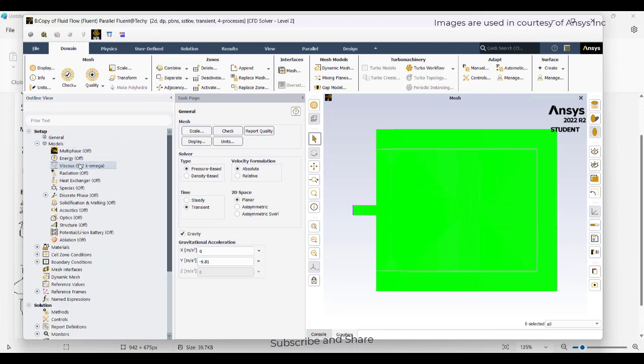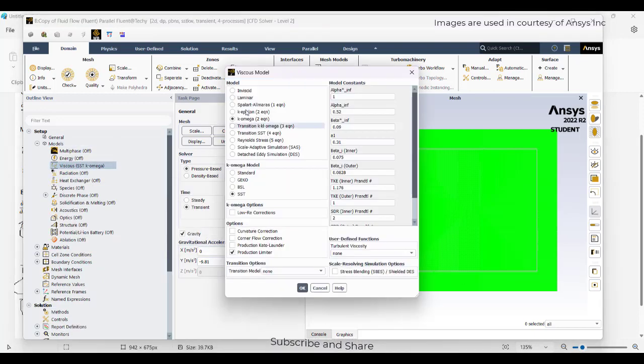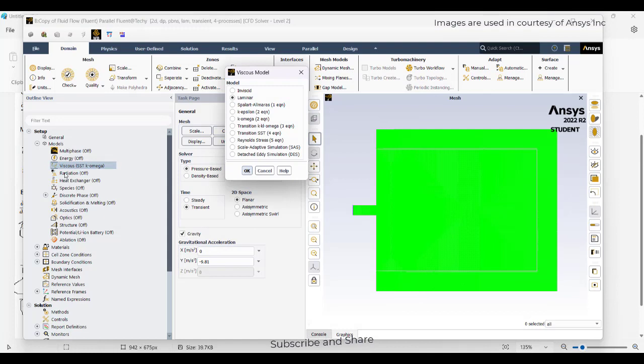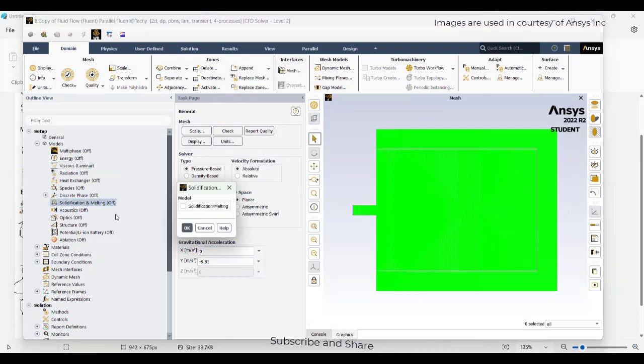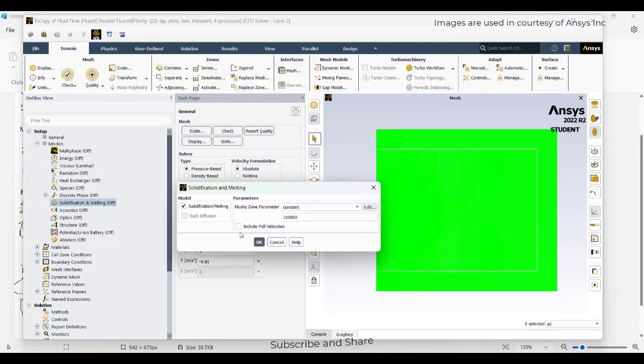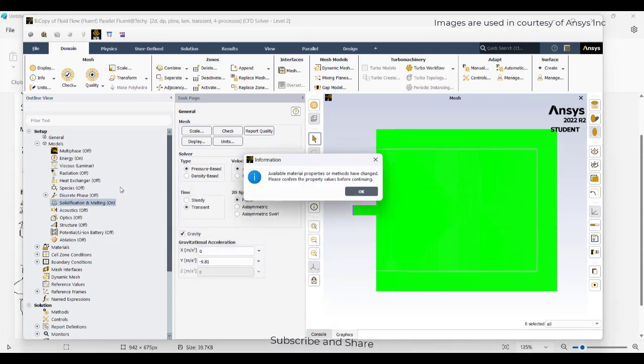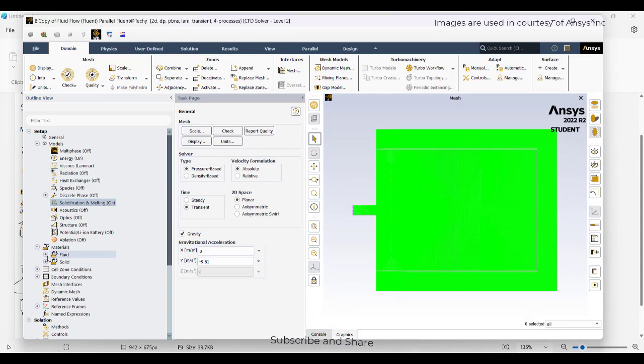Go to models. So this will be laminar flow. Okay, turn on the solidification and melting also. Okay, go to materials. We'll try to create two materials. One is for hydrogen, other is for PCM.